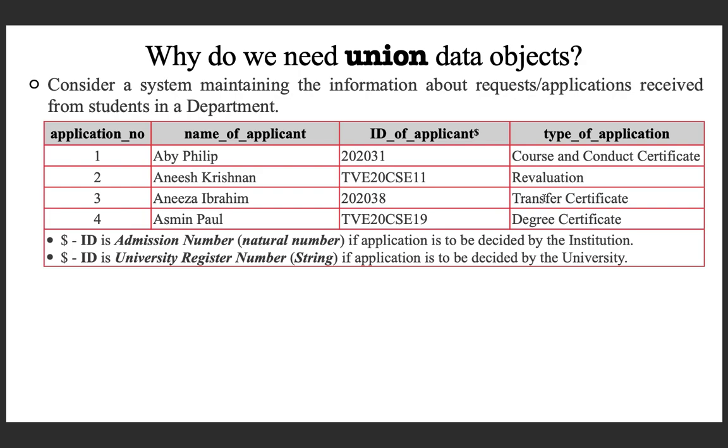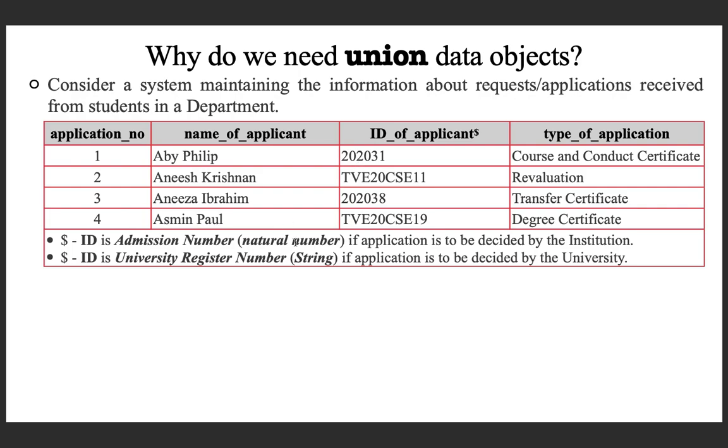So here the important thing is that the ID of the applicant, which is a field, is the admission number, just a natural number, if the application is to be decided by the institution. If the institution or our college is the authority to provide that certificate or decide on that application, then the ID of the student is the admission number of the student in that institution.